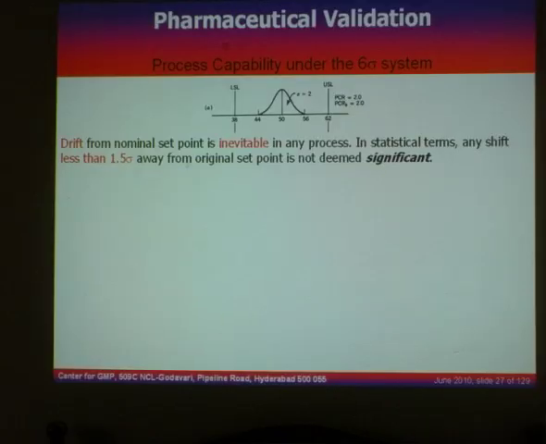The statistician will say, if the mean has not drifted more than 1.5 sigma on either side, that is, from the dead center 1.5 sigma to the left, or 1.5 sigma to the right, as long as it is within this band, less than 1.5 sigma on either side, the totality being 3 sigma, the drift is not statistically significant.